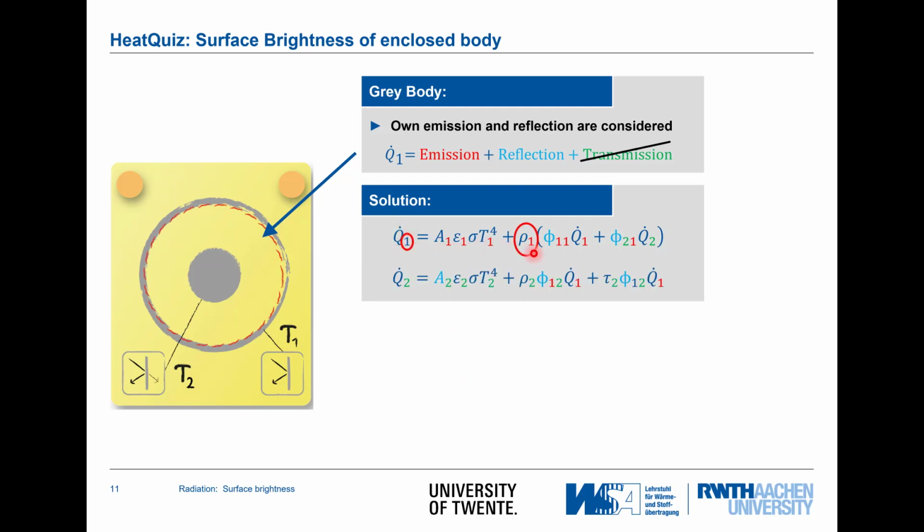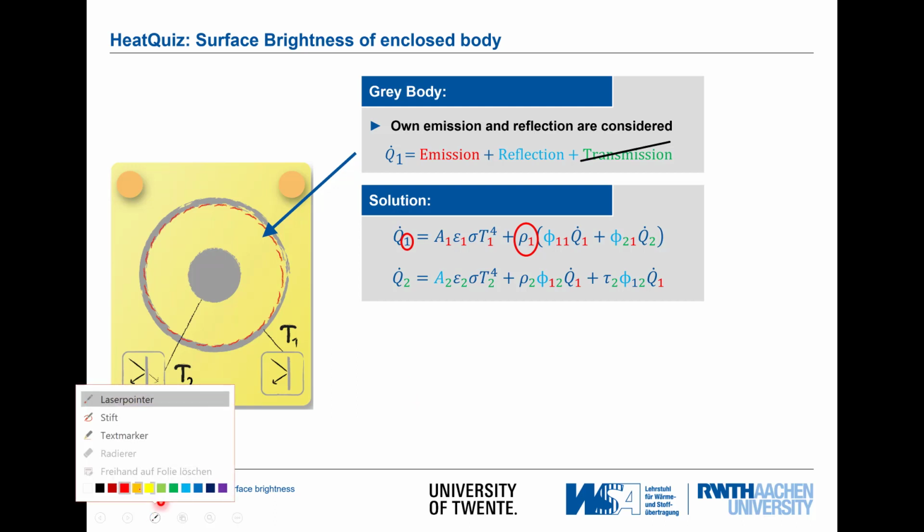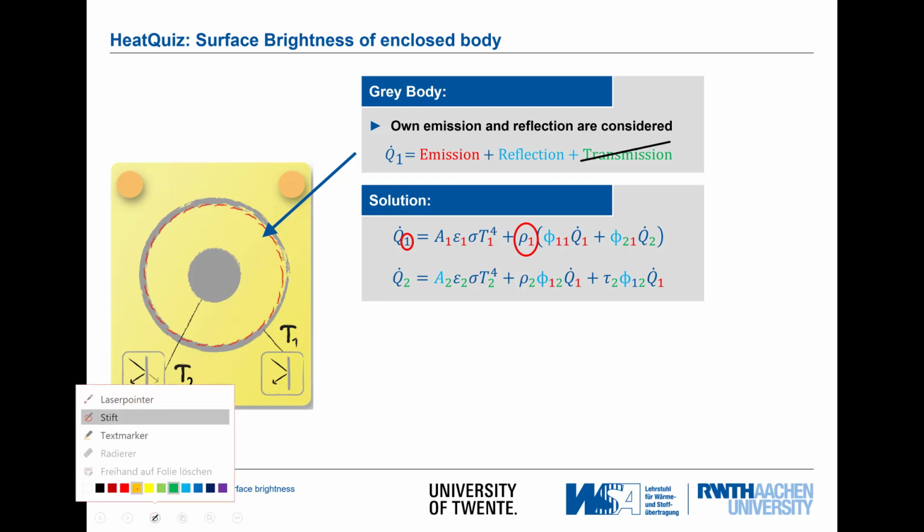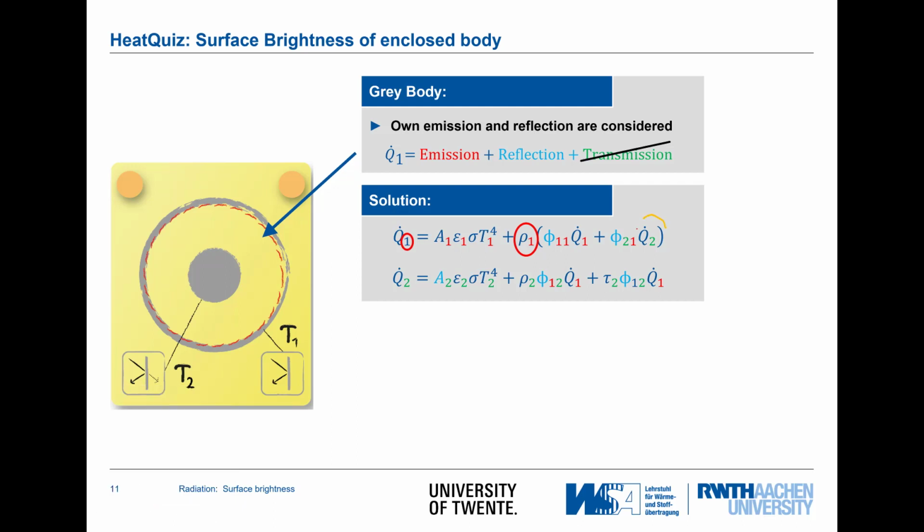Besides emission, there's the reflection part in here, and what we also have to take into account is, we'll take another color. Let's take orange. Q2 is going to be needed for determining Q1 as well. So we also have to formulate the surface brightness of 2. And 2 shows transmission and reflection, so we have a rho and a tau in there.